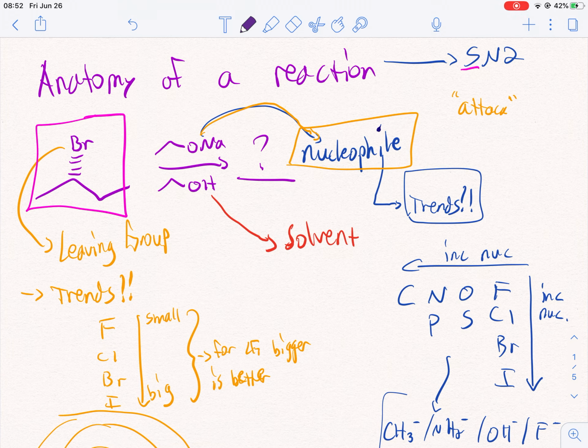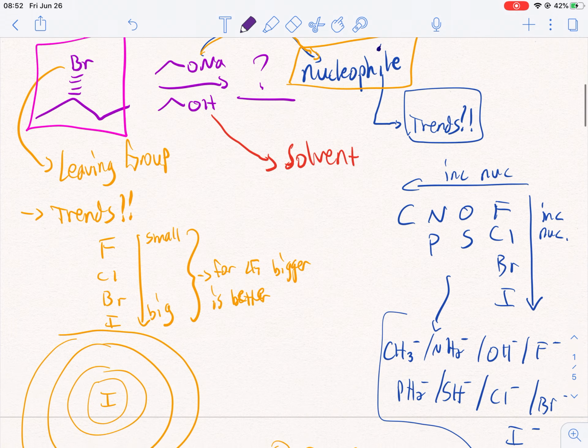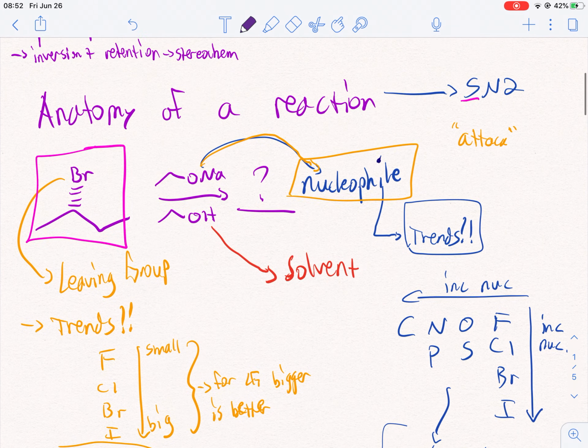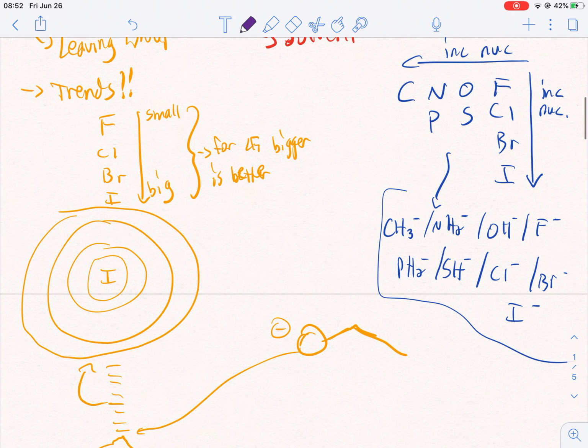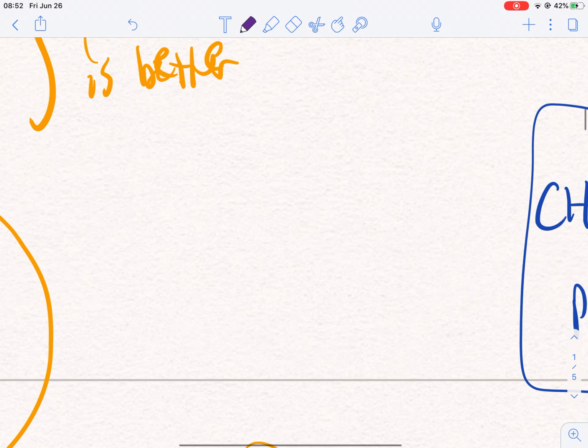And so this is very similar to how an acid-base reaction would work, right? Okay, let's do just the small one here. You might have an acidic species and a basic species.